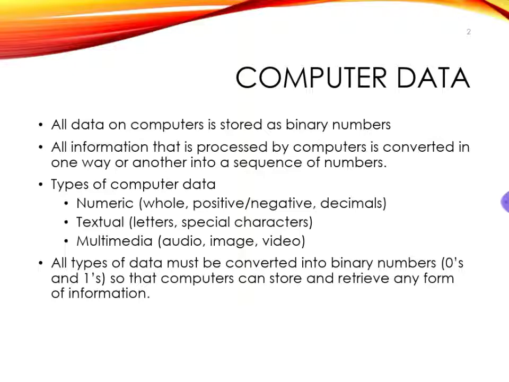The types of data that we could have are numeric data. It could be whole numbers, positive or negative numbers, decimal numbers. It could be texts, letters from the English alphabet, from any other alphabet, special characters that we have in any language. And it could be multimedia. That is, it could be audio, image, video.